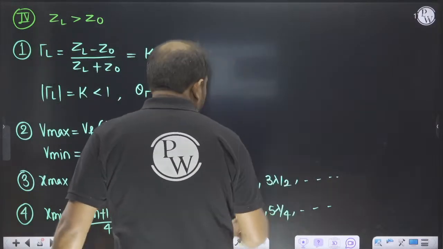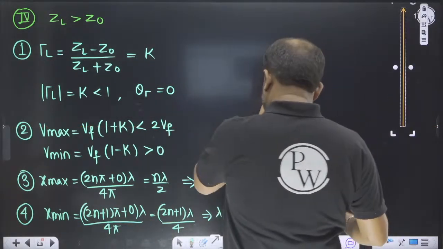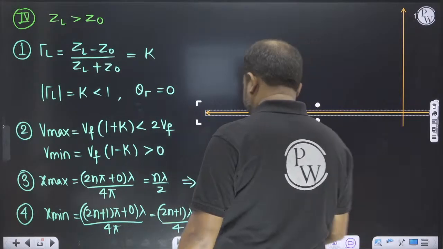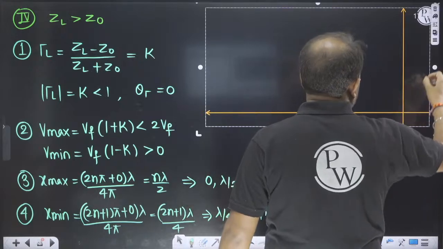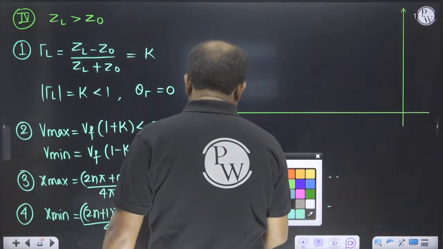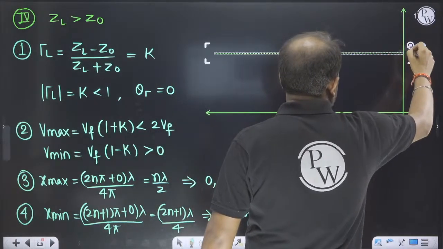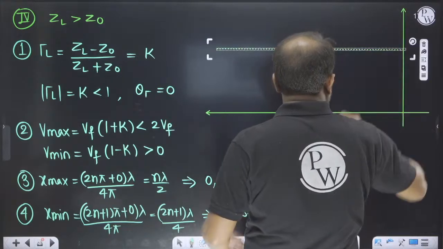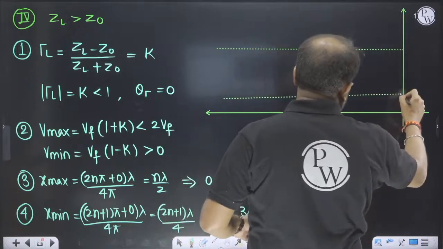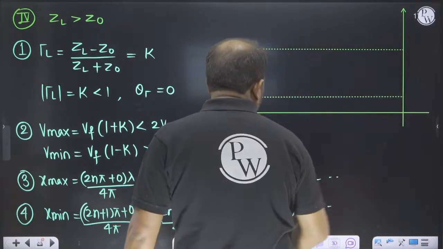So what will happen here? Here you can draw the diagram of VSWR easily. So Vmax should be less than 2 Vf, and Vmin should be greater than 0.